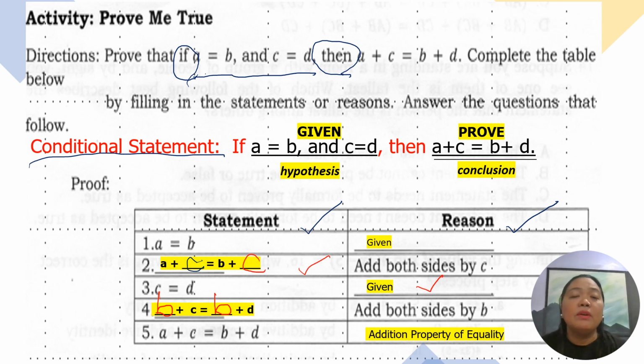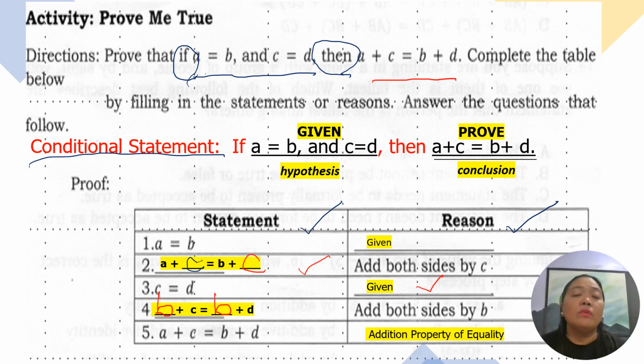Now, for statement number 5, take note that in our then statement here, we need to prove that A plus C is equal to B plus D. Therefore, statement number 5 is already something that we need to prove, or this is now our conclusion part.